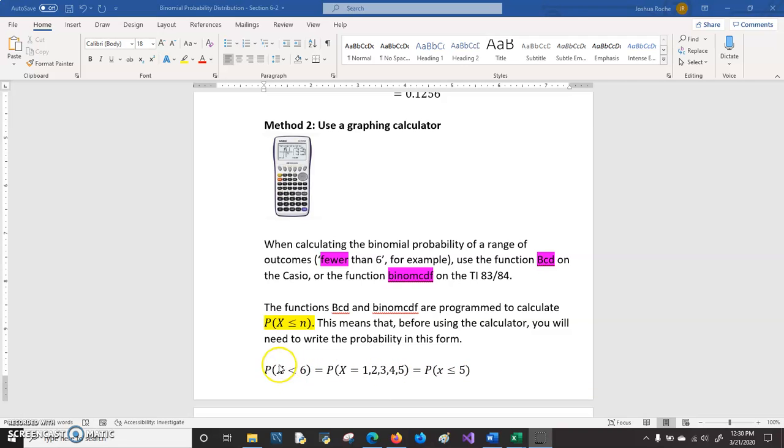So these two things, x less than 6 and x less than or equal to 5, mean the same thing, but it's important to write it this way because the calculator is only going to understand when you write it in this form.